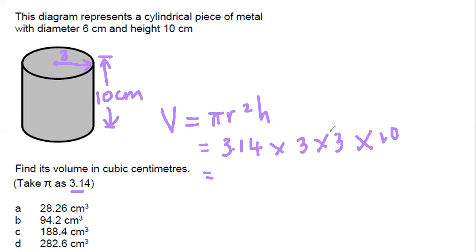It's supposed to be worked with a calculator, but if I were you, I'd work that part out first. That's actually 90: 3 times 3 is 9, 9 times 10 is 90. If you don't have a calculator, I think this is the easiest way to work it out. See if you can work that out for me without a calculator.